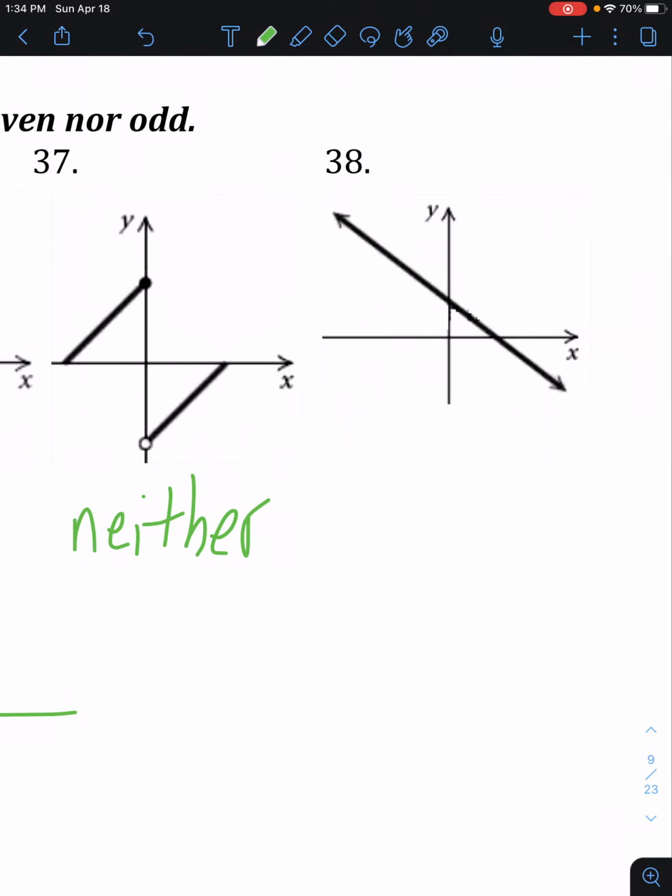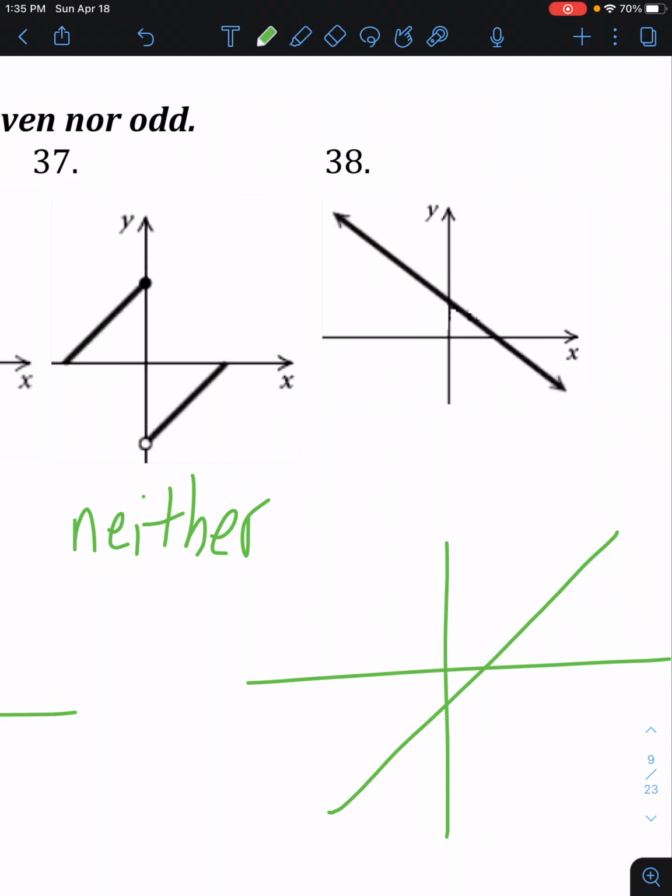Now, this one's very tricky, number 38. It's definitely not symmetric over the y-axis. That's easy to see. However, what happens if you rotate it? Rotate your screen or paper right now. You can pause it and check. What'll happen is you'll have this, which does look like it could be the same thing.